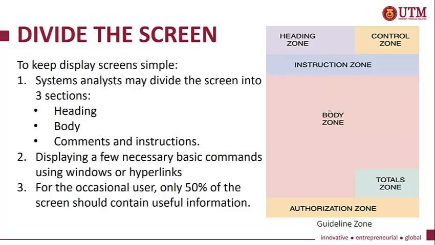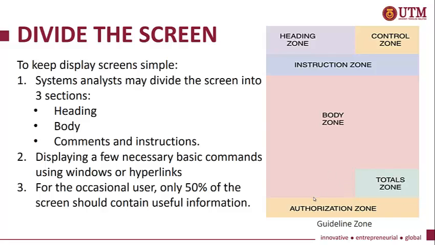And then a very important zone is the body zone. This is the main part of the form, so it contains the parts of your form that you need to fill in. If totals are included on the form, they will appear in the total zone.